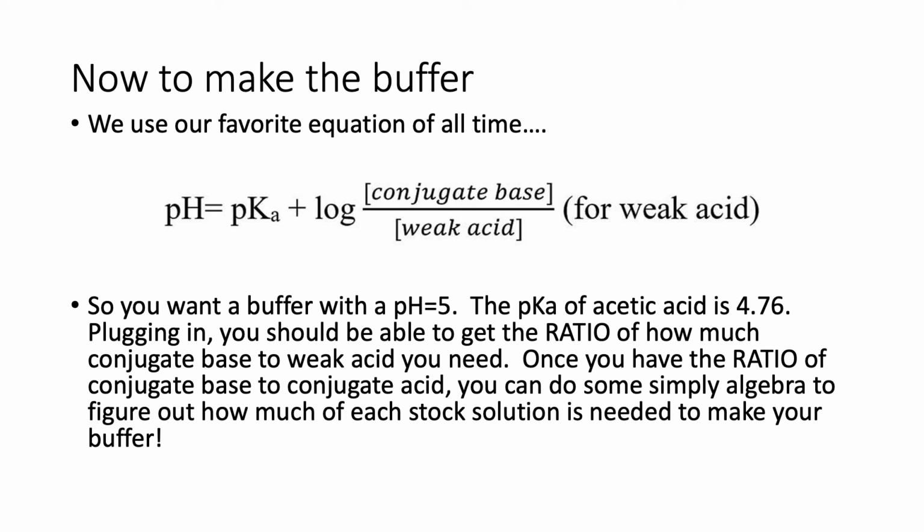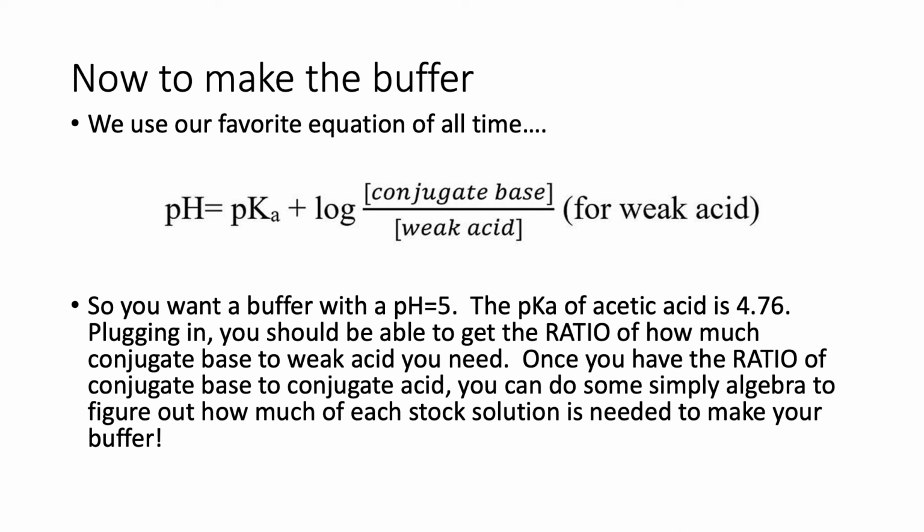final buffer? Well, we use our favorite equation of all time, the Henderson-Hasselbalch equation, which is, of course, pH equals pKa plus log of the concentration of conjugate base over the concentration of weak acid, okay? So we know that we want a buffer with a pH of 5. The pKa of acetic acid is 4.76.